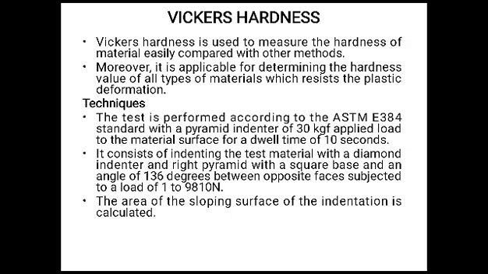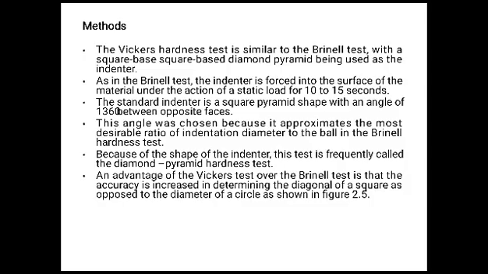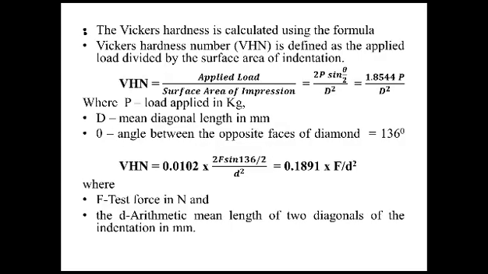For Vickers hardness, the test used is the ASTM E384 standard with a pyramid indenter of 30 kg of applied force to a material surface for a dwell time of 10 seconds. It is very similar to the Brinell test, with a square based diamond pyramid being used as the indenter. The Vickers hardness number is calculated from the applied load over the surface area of the impression.